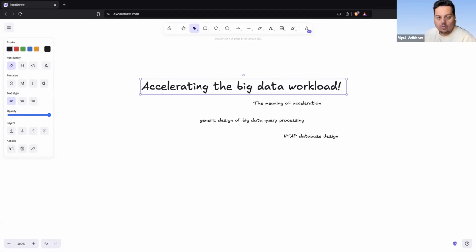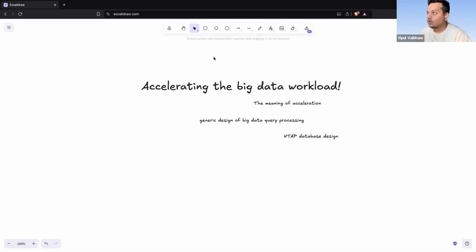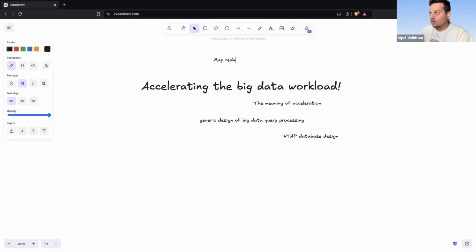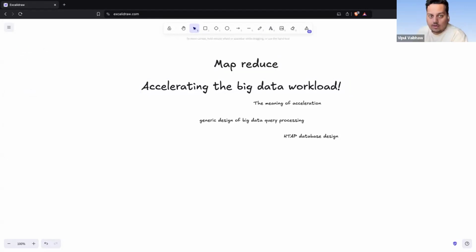Mostly no. Anybody who is familiar, type yes as well. MapReduce is a good primitive. Thank you. I will introduce MapReduce as well. All right. So we'll start with MapReduce. It's fine. We can start from there, and then we can see how far we can go.